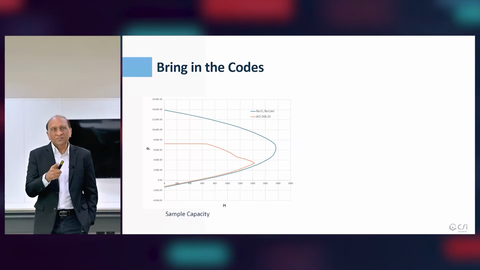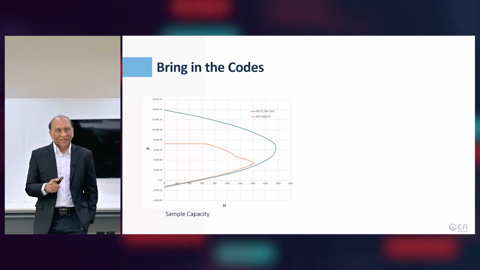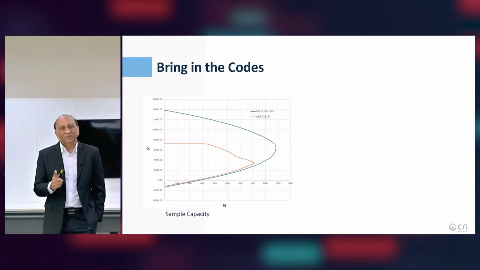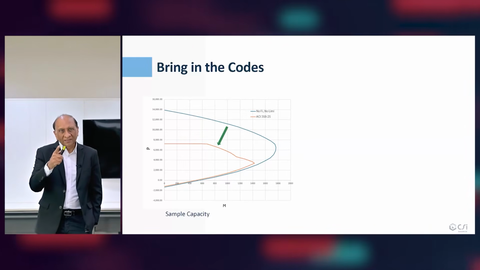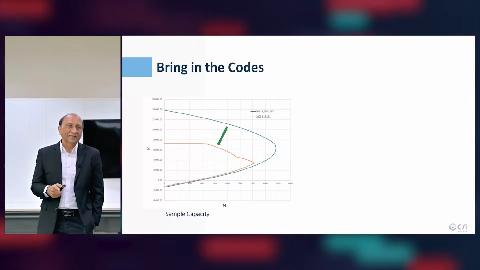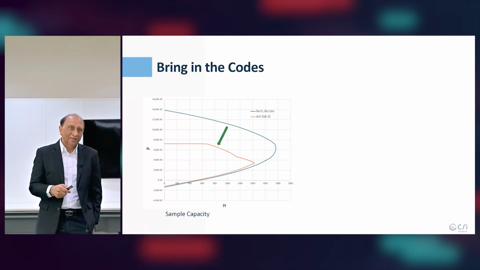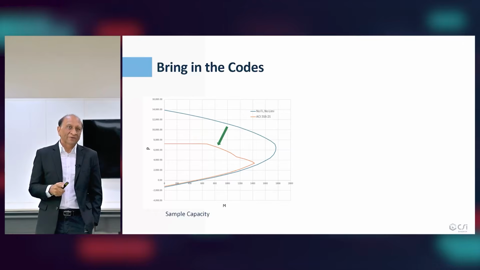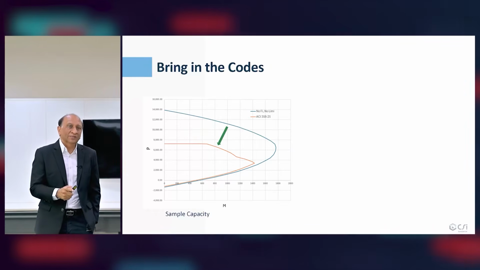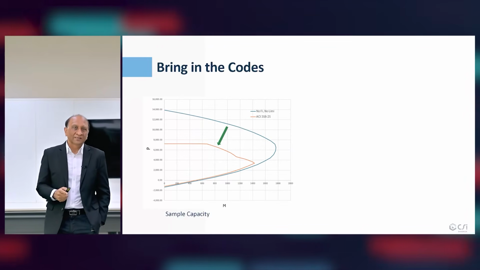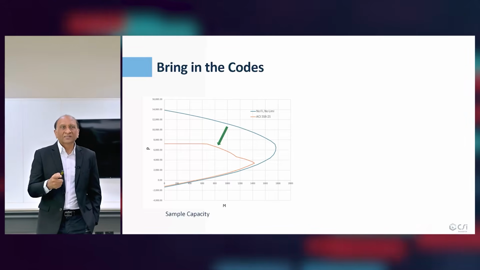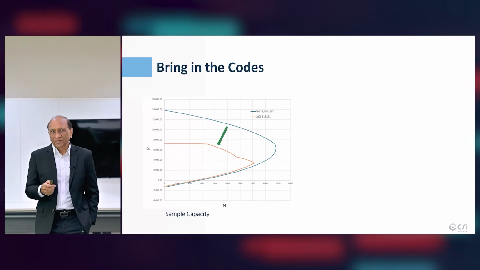The blue line outside is the theoretical strength calculated from the equations. This is reduced to the orange line by the design codes by including those factors that I mentioned. You can see there's a huge reduction, especially on the compression side, because of the brittle nature of failure in compression.